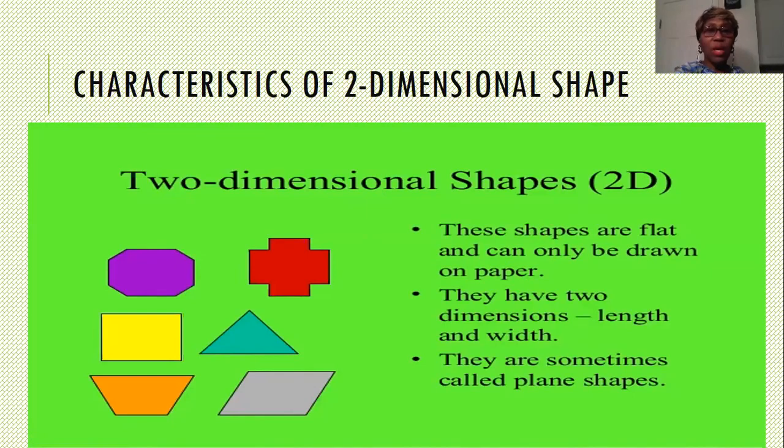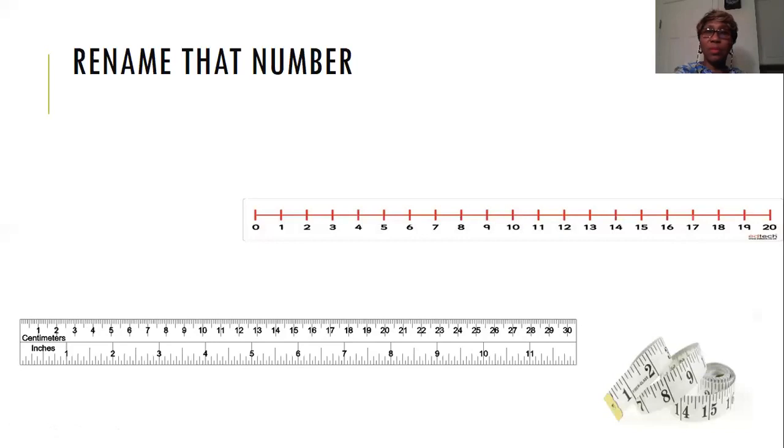So before we get off into what a triangle is though, you know me, rename that number. Let's do it. What's today's number? Let's see. Number 7. Well, this came up already. 6 plus 1. Let's talk about it.